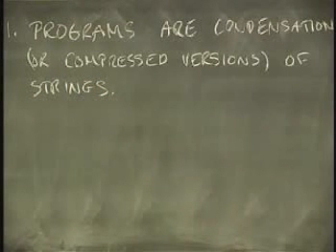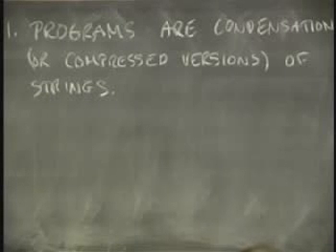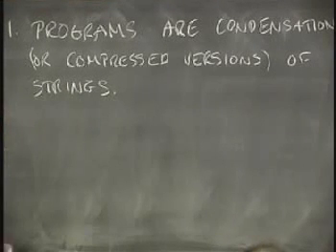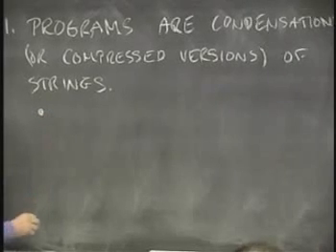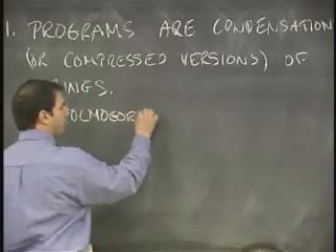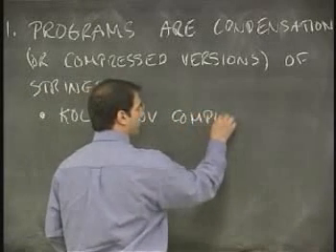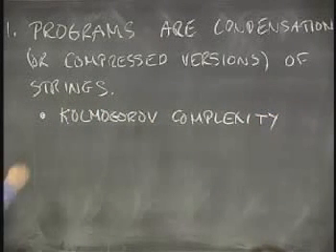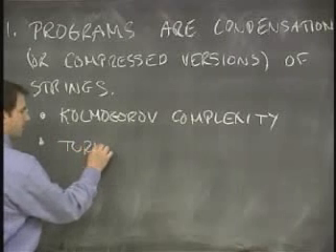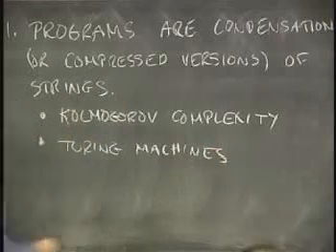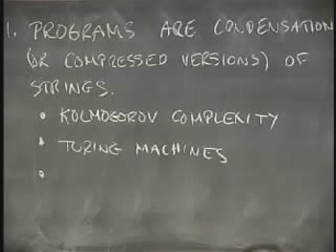Big idea number one. Programs are condensation or compressed versions of strings. Versions of this idea appear in something called Kolmogorov Complexity, which you probably will hit later on. Turing machines. What else did I write down?